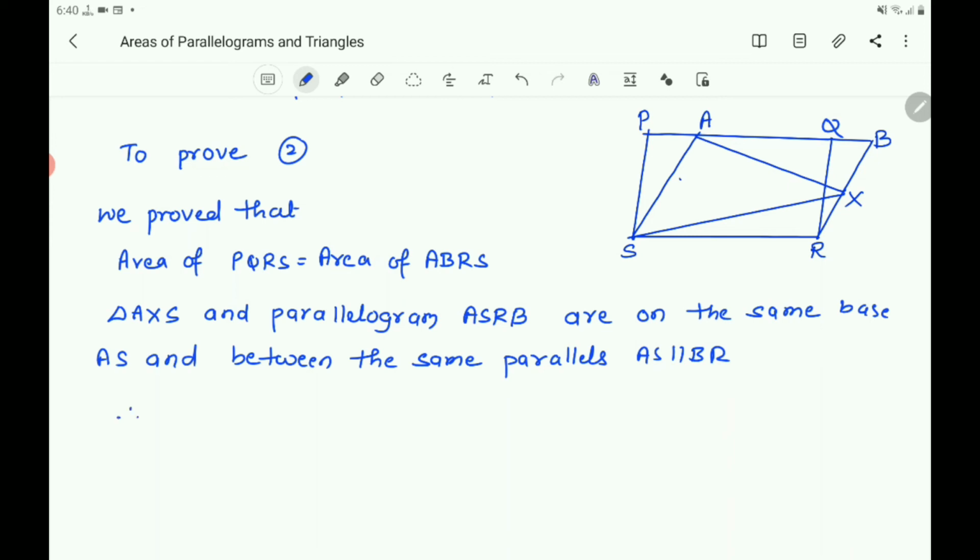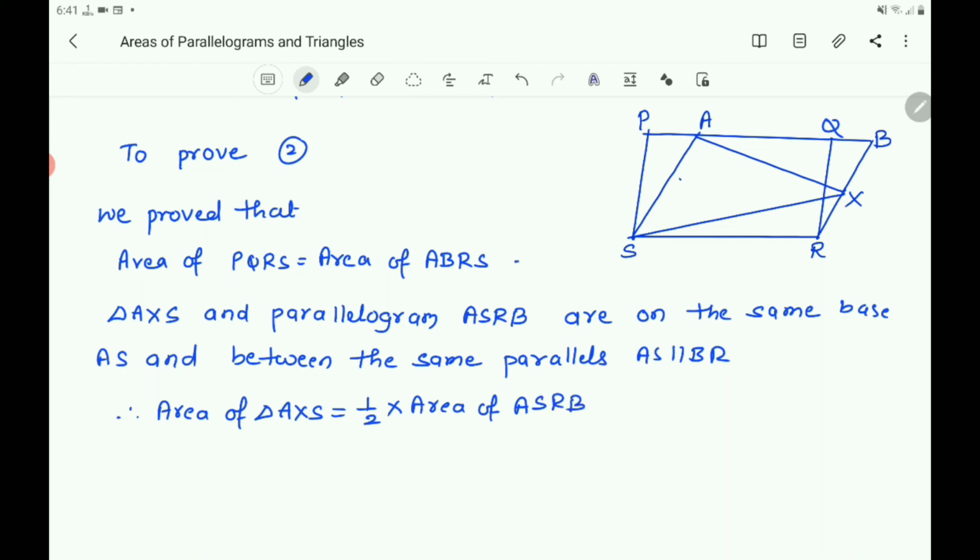Therefore, you can say that area of triangle AXS equals half into area of ABRS, or ASRB.